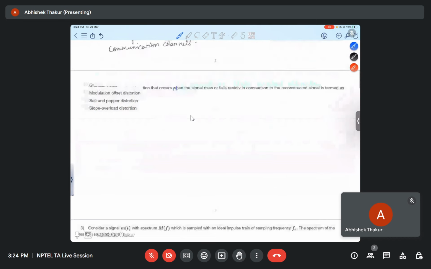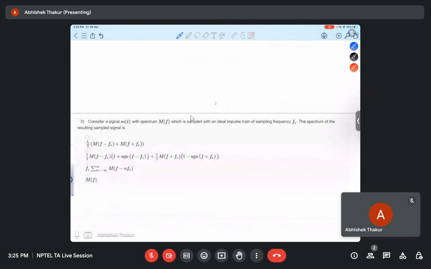The third one. In this question, it is asking: consider a message signal m(t) with a spectrum M(f), where M(f) is the Fourier transform of m(t), which is sampled with an ideal impulse train of sampling frequency Fs. So the sampling frequency is Fs here.